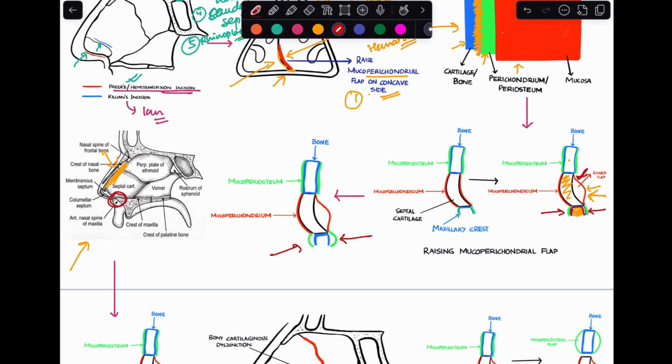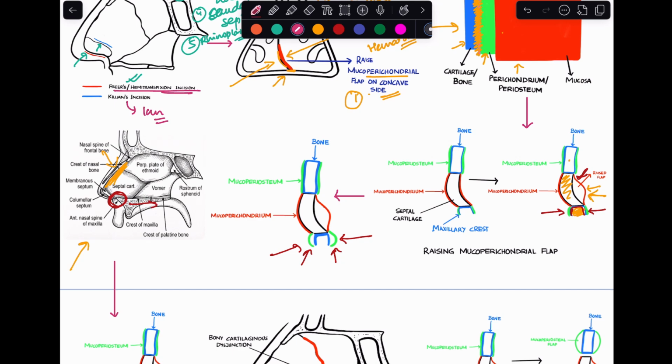This is where the anterior nasal spine is. We will first expose the anterior nasal spine, and then we will incise the periosteum on both sides of the anterior nasal spine with the help of a number 15 blade. And then slowly we will elevate the mucoperiosteum on both sides, as you can see over here, and we will go posteriorly.